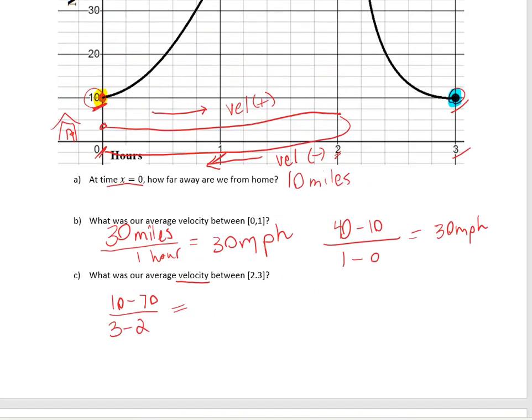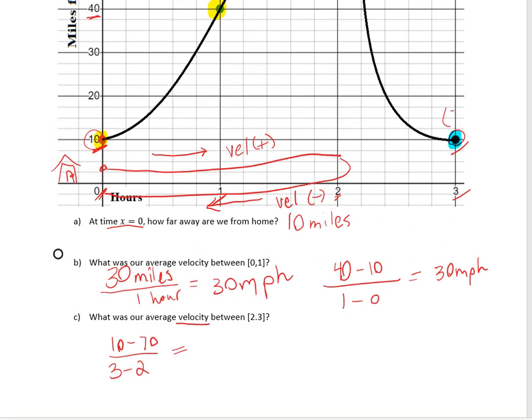So 3 goes with 10 because that's the coordinate here, and 2 goes with 70 because that's the coordinate above. So what we're going to get is negative 60, remember the top is measured in miles, per 1 hour. So our average velocity is going to be minus 60 miles per hour.